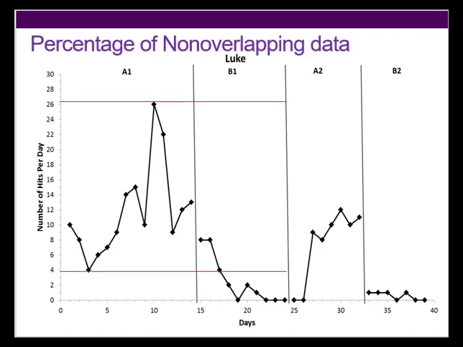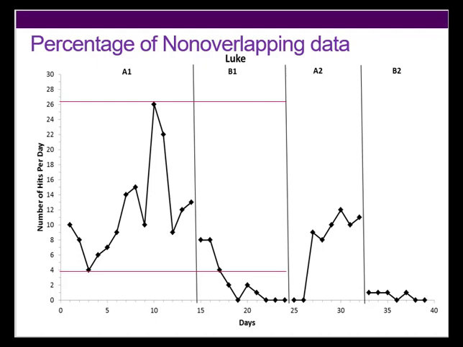One way to gauge whether there is a basic effect is by calculating the percentage of non-overlapping data, or PND. To do this, determine the range of the data points in the first condition, count the number of data points in the second condition that fall outside the range of the values of the first condition, divide the number of data points that fall outside of the range of the first condition, i.e. 7, by the total number of data points in the second condition, i.e. 10, and multiply this number by 100.